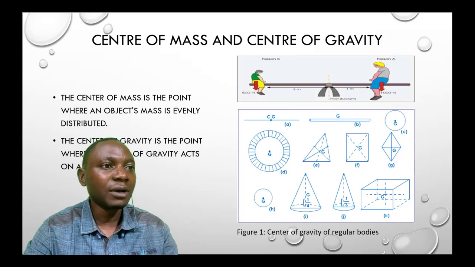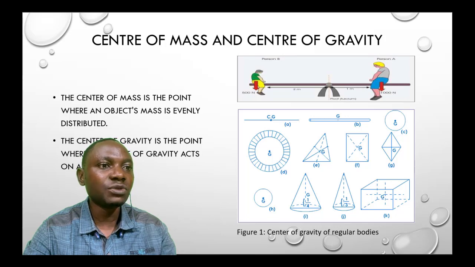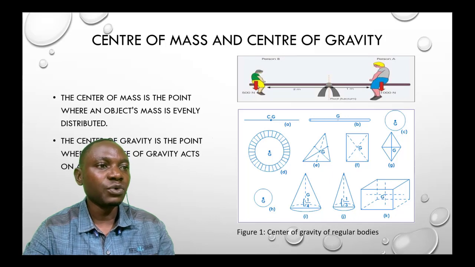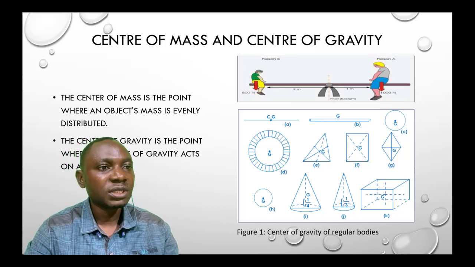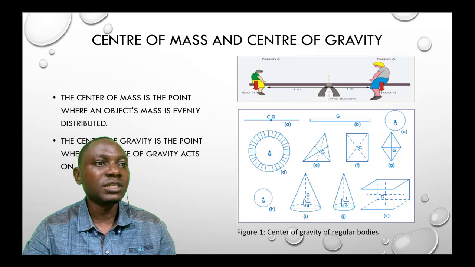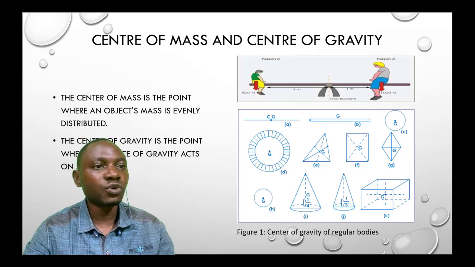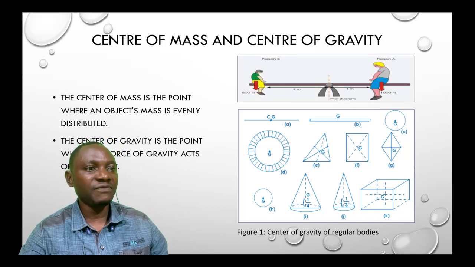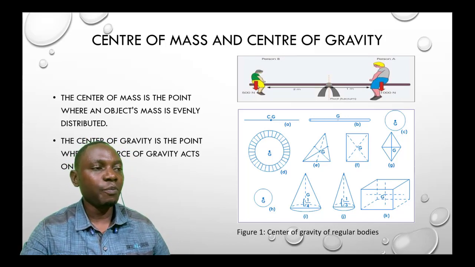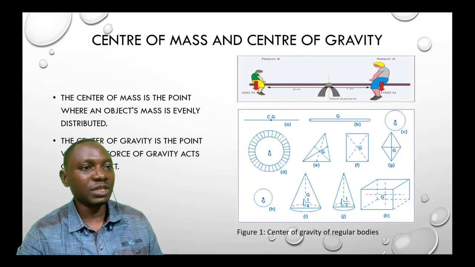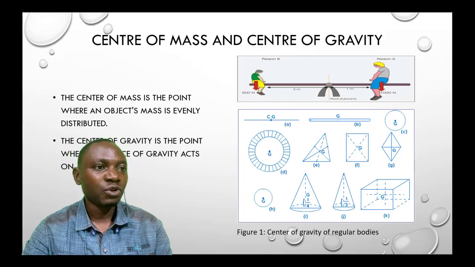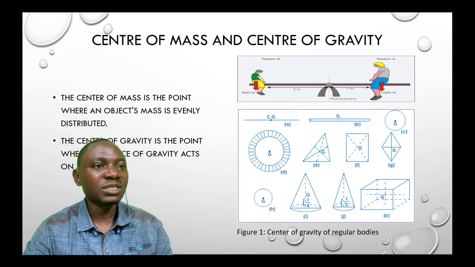When they both sit down on the seesaw, you will observe that the seesaw will tilt towards the heavier person's side, causing the center of mass to shift towards that person because he is heavier. He will push the other person upward because the mass is on his side, so the center of mass will have shifted towards his side.